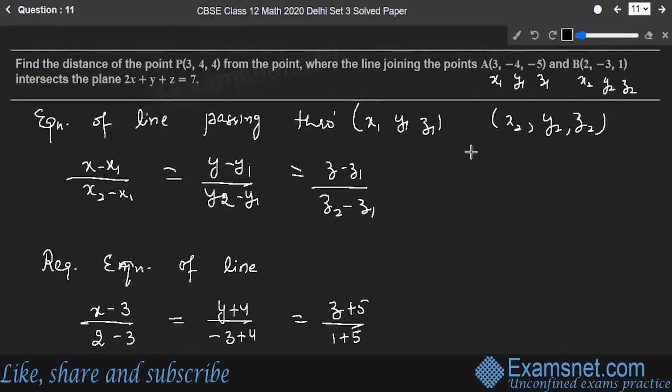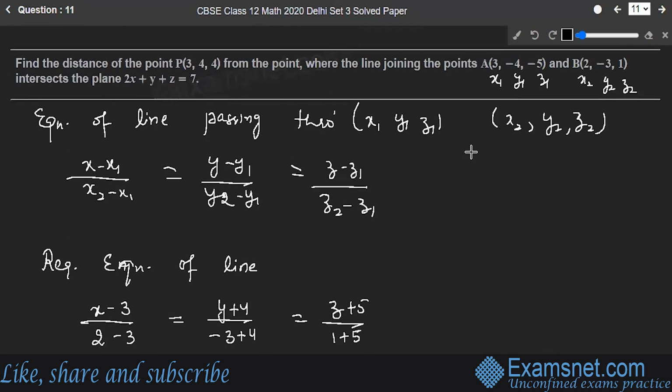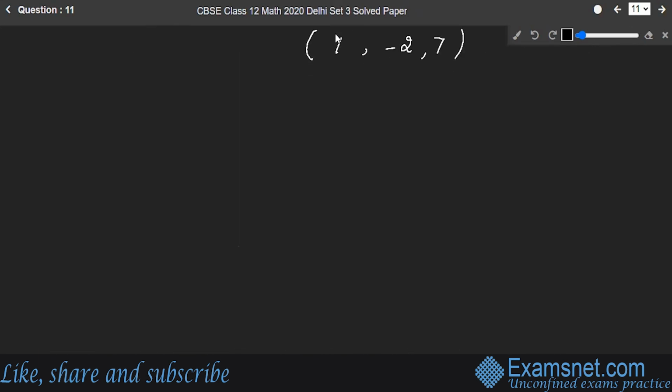Now you have to find the distance of the point 3, 4, 4 from that point. So the 2 points are 3, 4, 4 and 1, minus 2, 7.